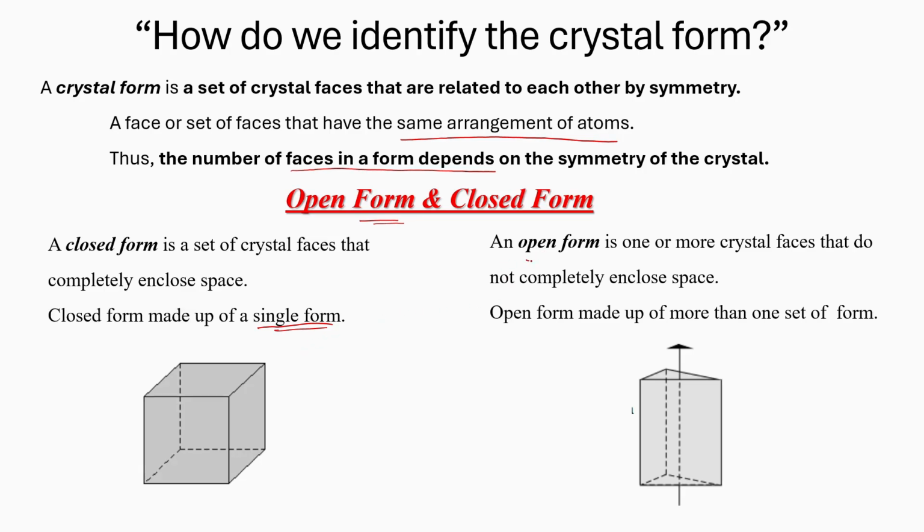In an open form, we can find more than one set of similar faces, which is not completely enclosed by space. Here you can see these prism faces as well as this base are two different sets, whereas in this closed form, you can see all six faces are similar faces.